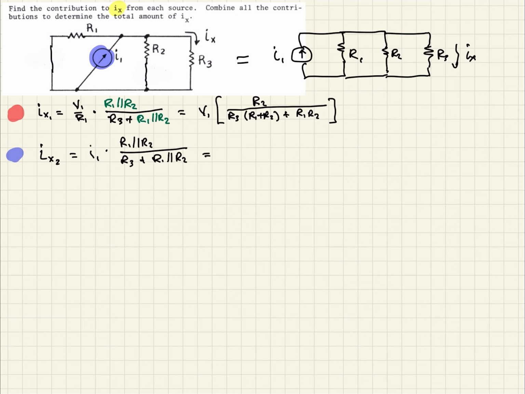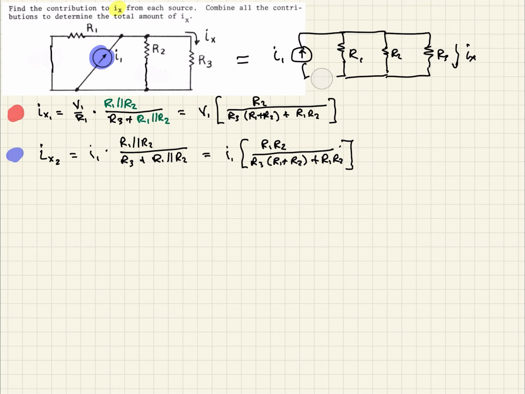So in this case, we'll have I1 times R1 R2 over R3 times (R1 plus R2) plus R1 times R2. So you see the R1 wasn't divided out as before, so otherwise it's pretty much the same. Okay, so there's the contribution of IX from our current source.